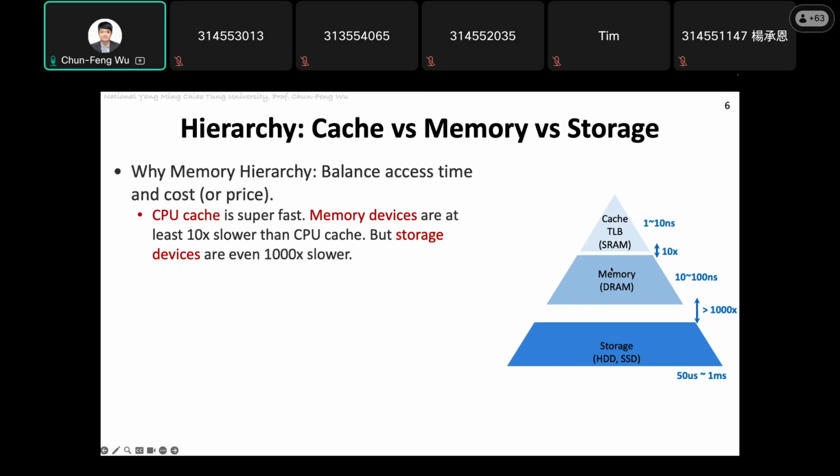There are some in research, but not in production. You cannot buy it now. So storage still has value here. The value is to keep your data non-volatile, so that it will not get lost no matter what kind of situation happens.